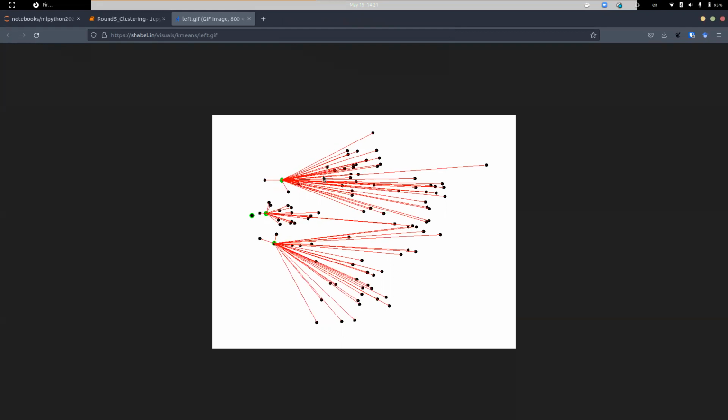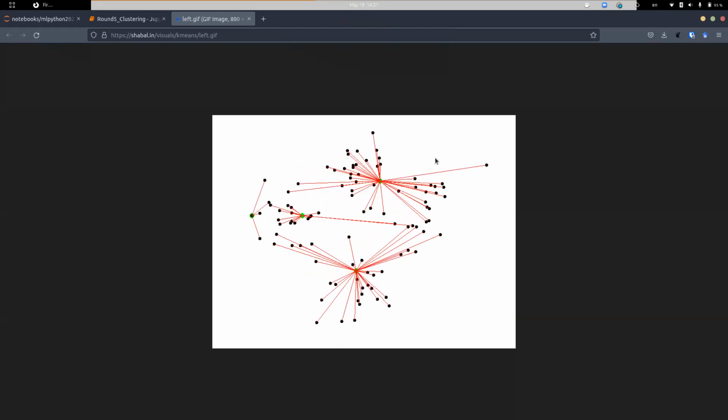Then we calculate the similarity, or the distances, to each and every one of the data points. And then, as you saw, the centroid changed to here. This is the middle point of all of these data points. We want the centroid to be at the center of all the rest of the data points.